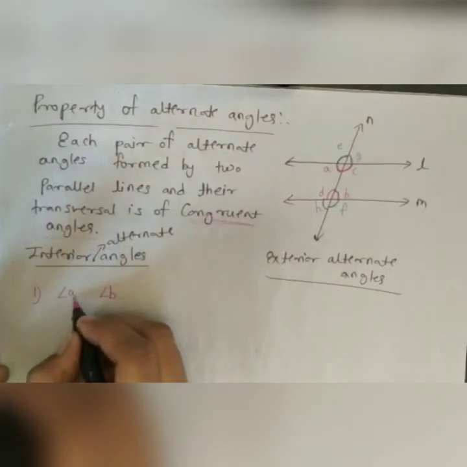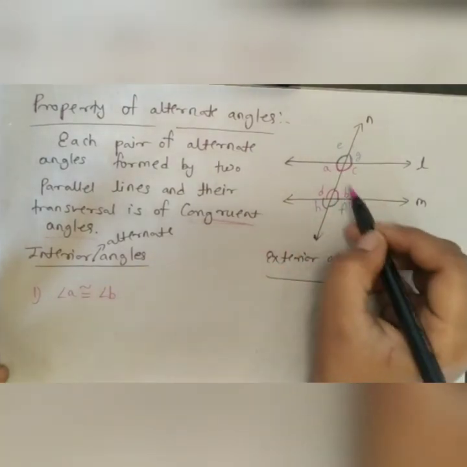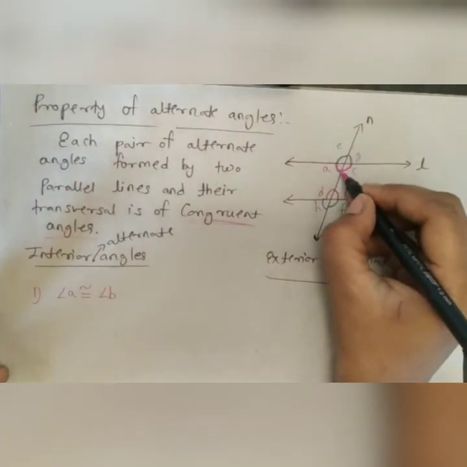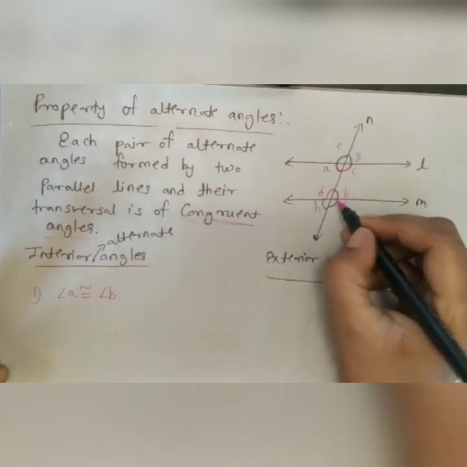It means angle A is congruent to angle B. Congruent means same or equal. It means the measurement of angle A is the same as the measurement of angle B.